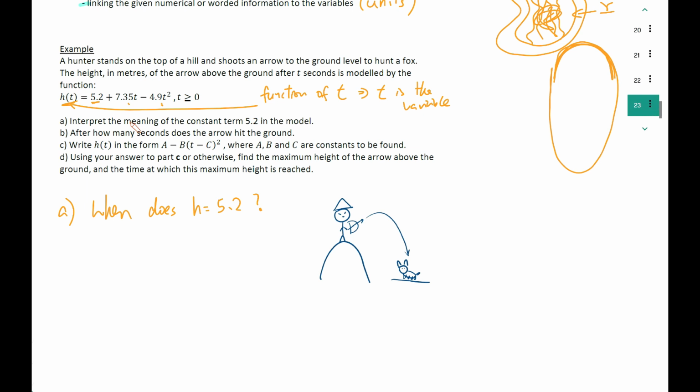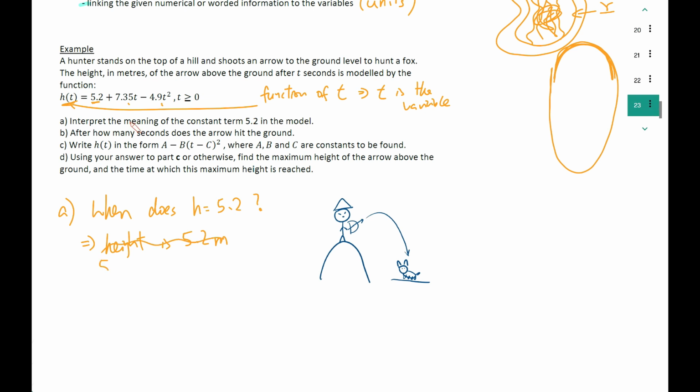If you struggle to understand, try rewinding and listening again. Essentially it means the height is 5.2 meters. Actually, let me rewrite that.